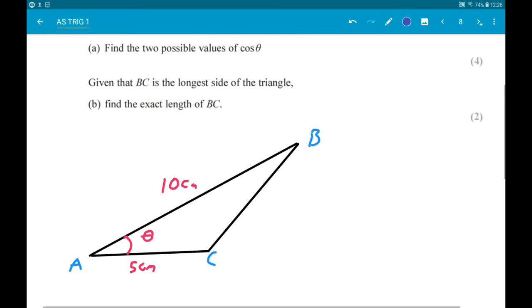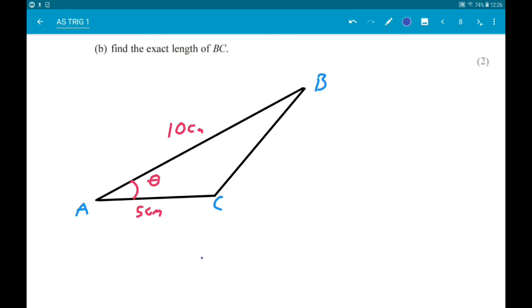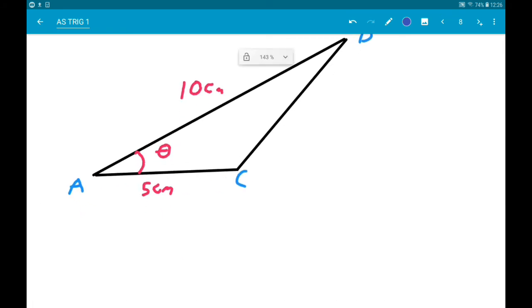Now the way that we're going to do that is by using the area. So we know that 1/2 times 10 times 5 sine of theta is equal to 15.